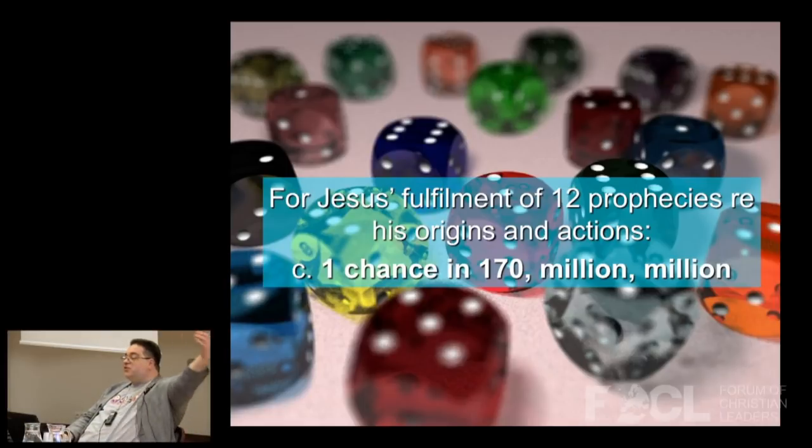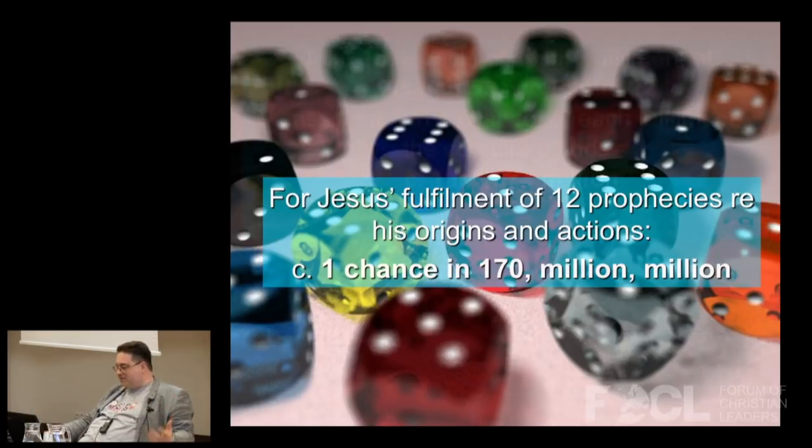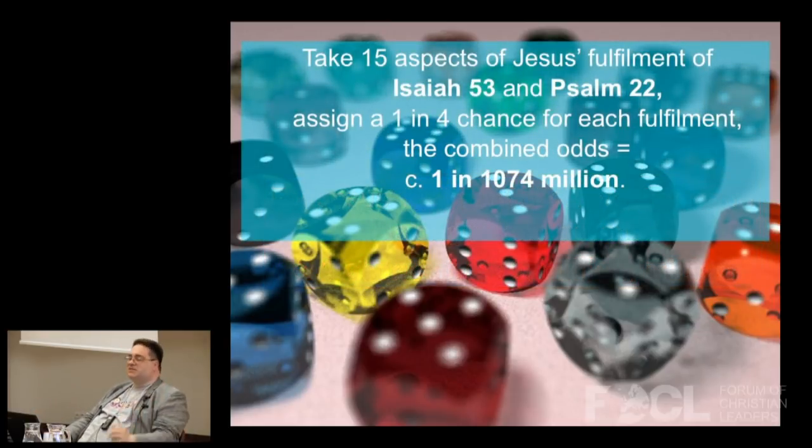So for Jesus' fulfillment of those 12 prophecies, back of the envelope calculation, but erring on the side of caution, 1 chance in 170 million by the time you factor them together. If you took 15 aspects of Jesus' fulfillment of famous passages like Isaiah 53 and Psalm 22, and assigned a 1 in 4 chance for each aspect of the fulfillment, again, I think that's being very cautious, you would get odds of about 1 in 1,074 million.